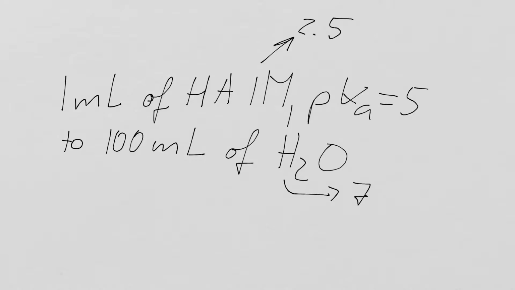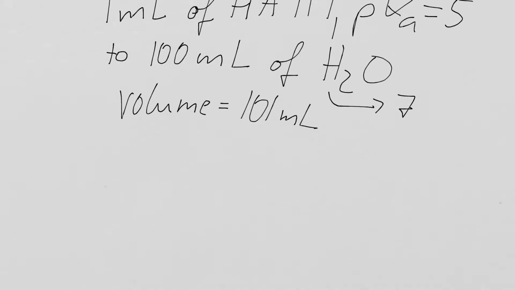Say again? 101. So the volume is 101 milliliter. Why? Because we add 1 milliliter of our weak acid into the 100 milliliter of water. So that's easy. Now, what about the moles of protons that we have in our new solution?